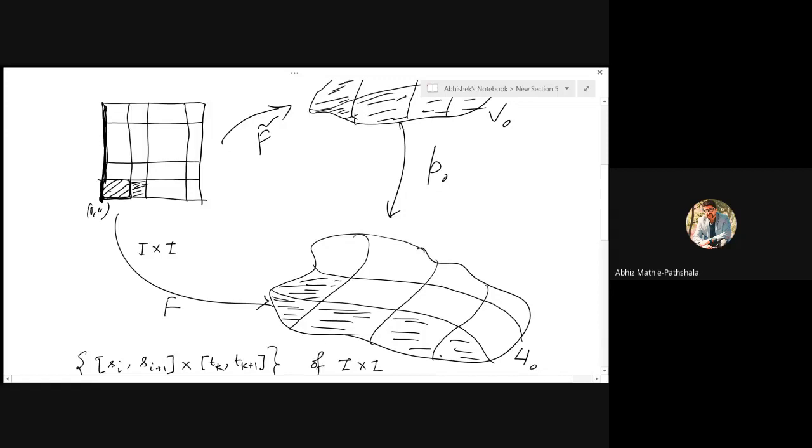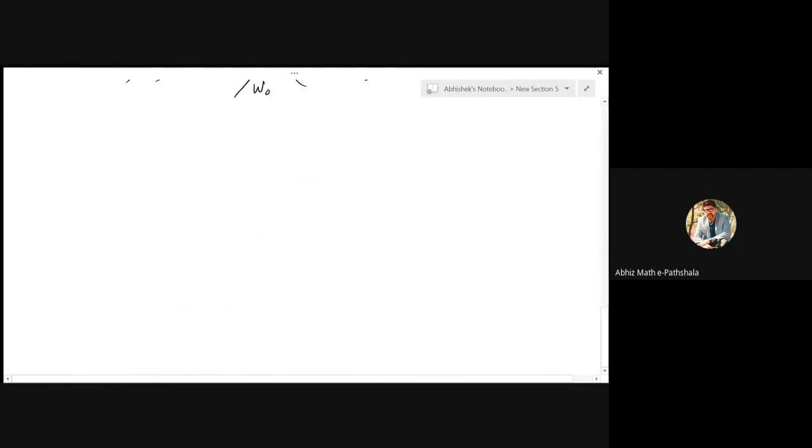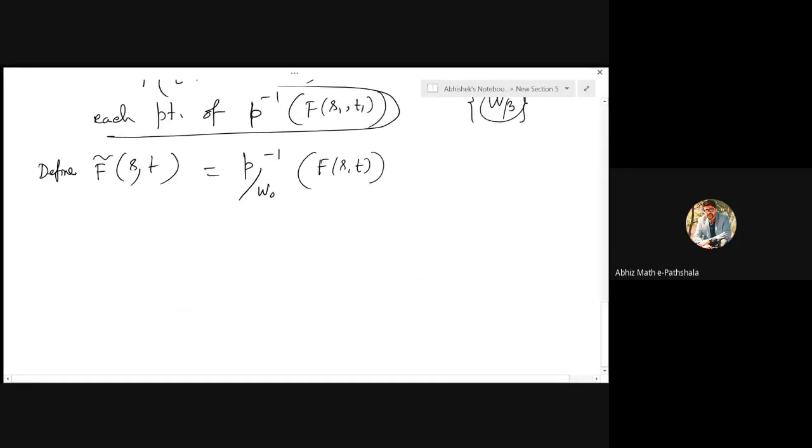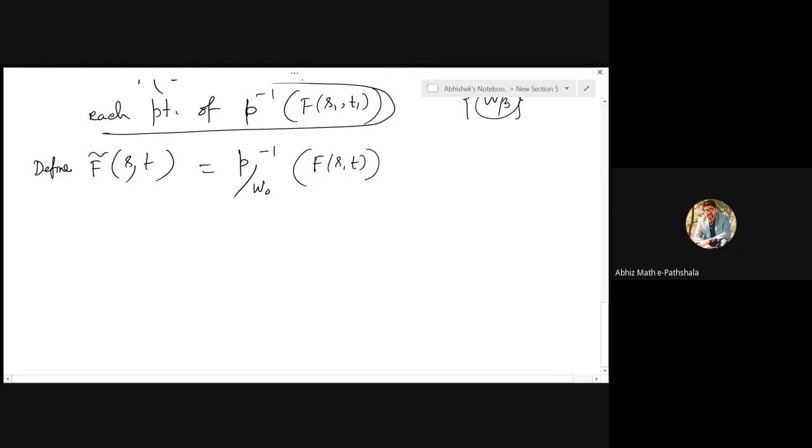So f tilde of the left edge of the unit square is a singleton.